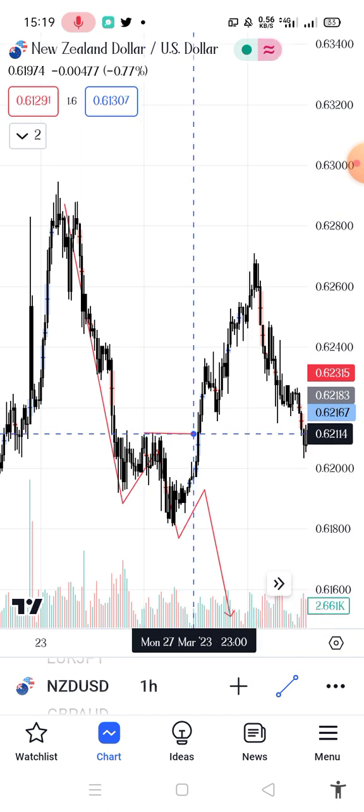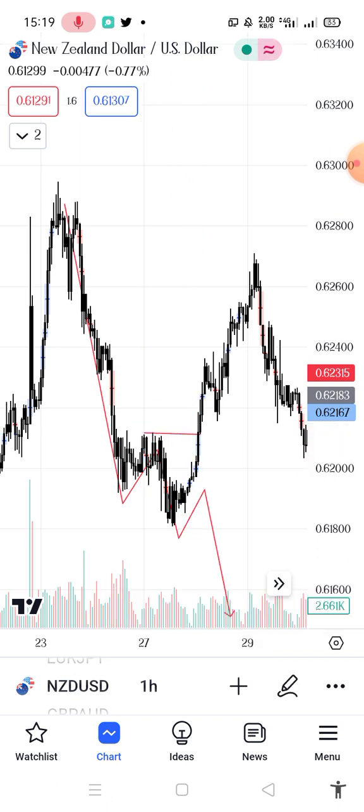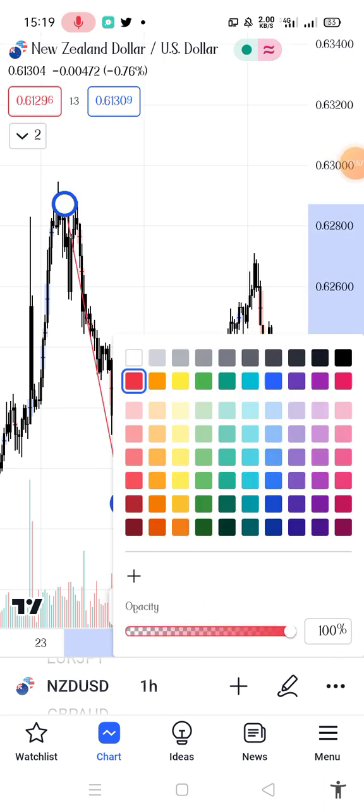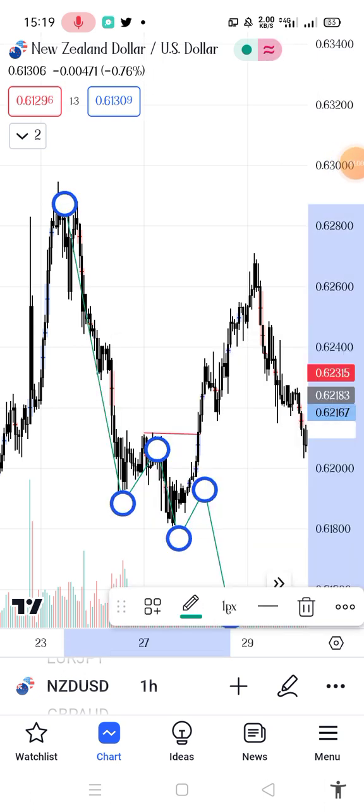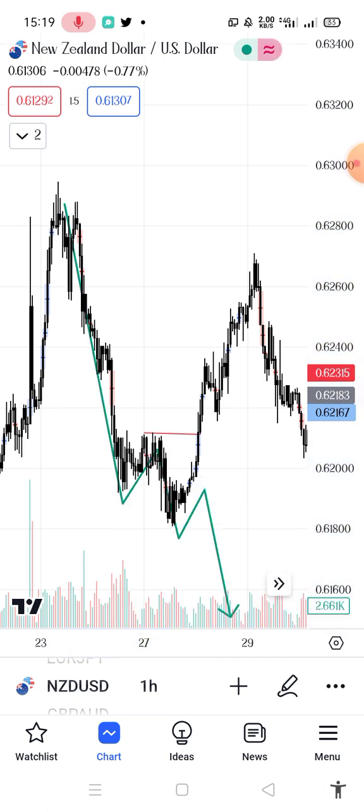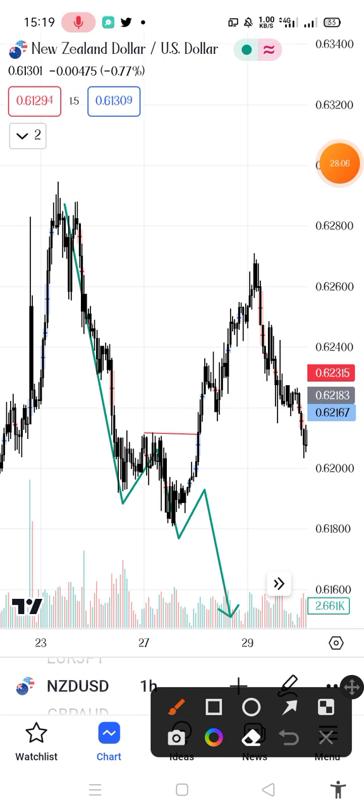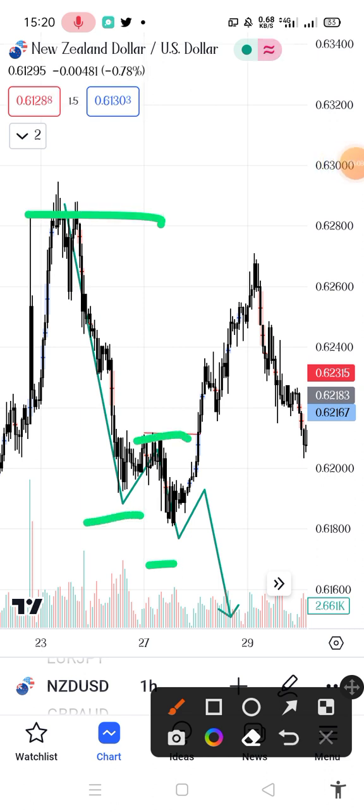Look at this drawing I made. Let me change this to green so you can see it clearly. So you see, this was how we were meant to move. Lower high, lower low, lower high, lower low, lower high, lower low. But when it made this lower low, it was supposed to make a lower high. This lower high is not meant to break this. Anytime you see it breaking this, it has changed trend.